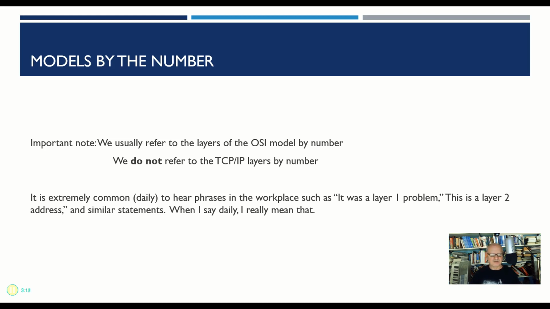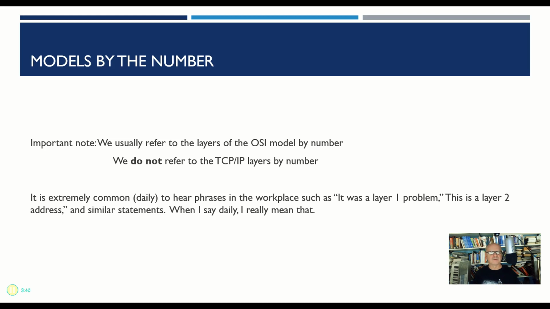You notice I said here daily, and when I say daily, I really mean that. You will hear this pretty much daily in the workplace. Layer 2 address, a layer 3 address. If I'm talking about a layer 2 address, I know I'm talking about one kind of address.